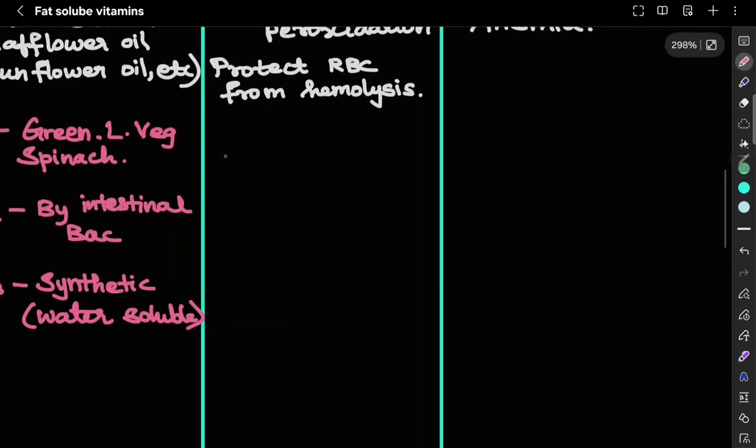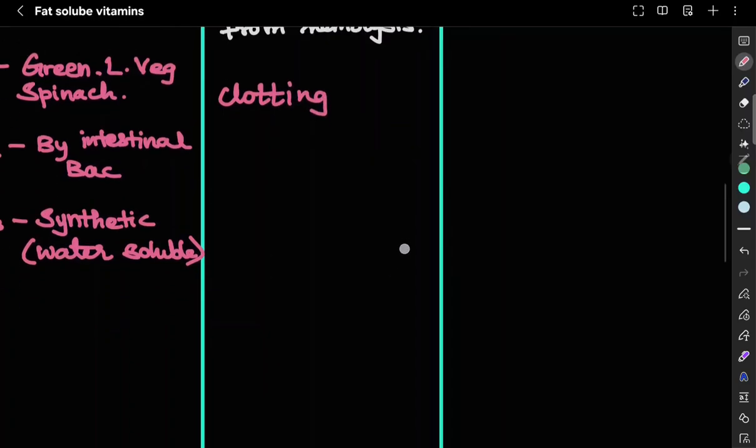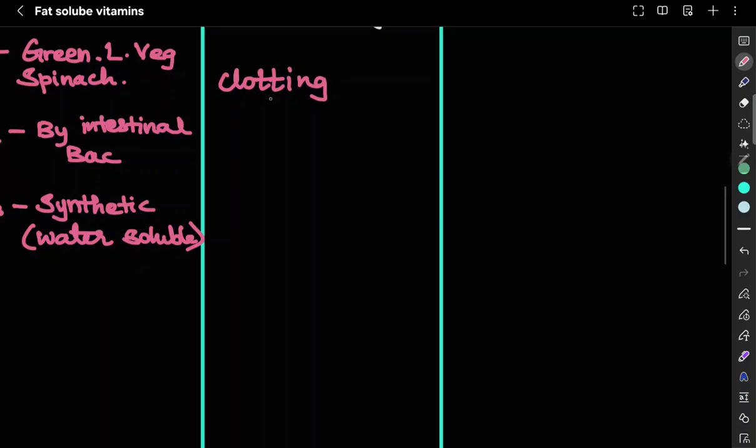So the function of vitamin K is clotting. How they are helpful in clotting means the post-translational modification of clotting factors.